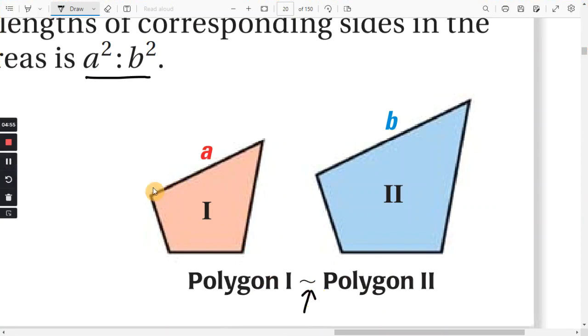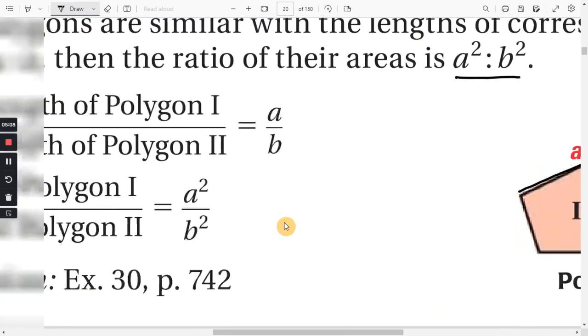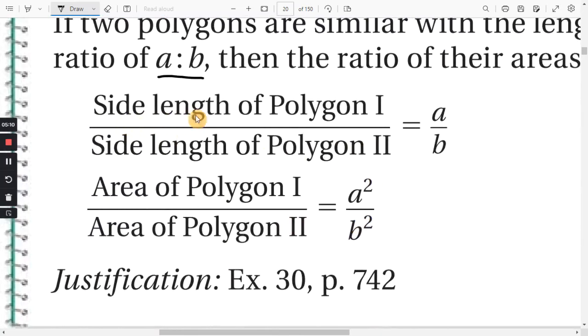All right, and apparently this side length corresponds to this side length. So if you did the ratio of the sides of polygon 1 to polygon 2, it would just be A divided by B. Okay, so the side lengths right here, 1 to 2 is going to be A to B. That's the ratio of the side lengths.